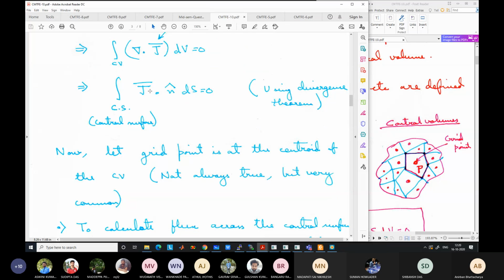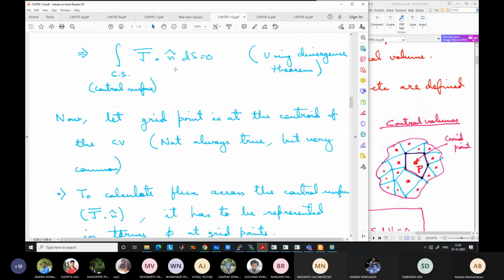Here some confusion may be there. You read about this, but the physical significance is this: if certain flux comes from the boundary, the net total of the flux should be equal to the net change that is occurring in the volume, because of conservation. So we have converted this volume integral into a surface integral, and the surface integral is easy to calculate.